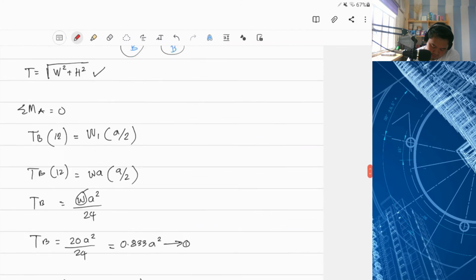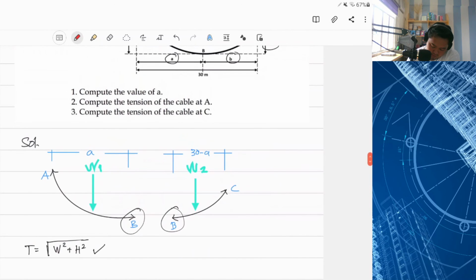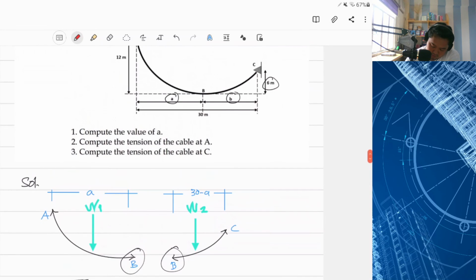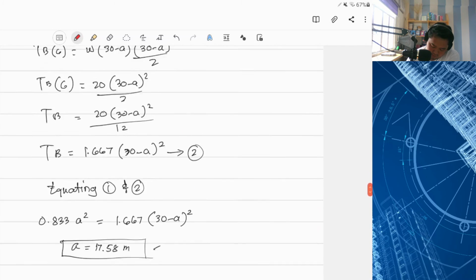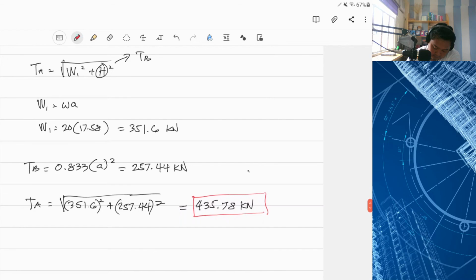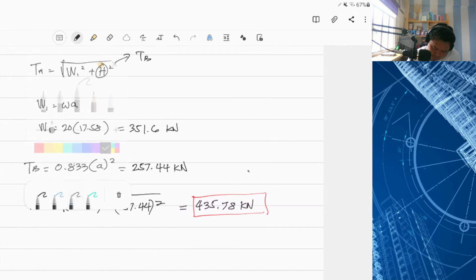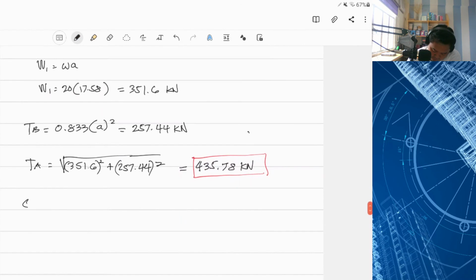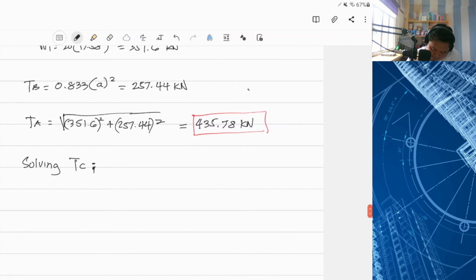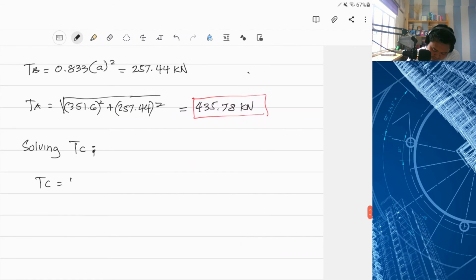The question number 3 is compute the tension of the cable at C. So at the support here. Okay? So let's solve. So solving TC. Again, the formula is TC equals the square root of W2 squared plus H squared.